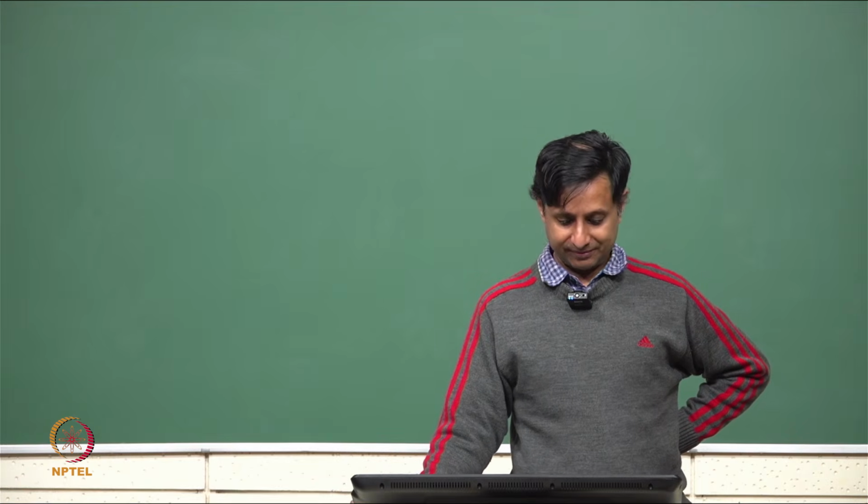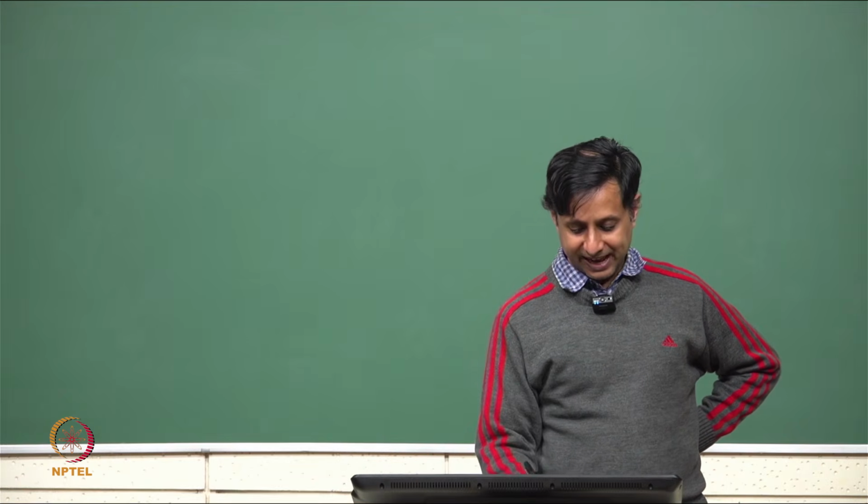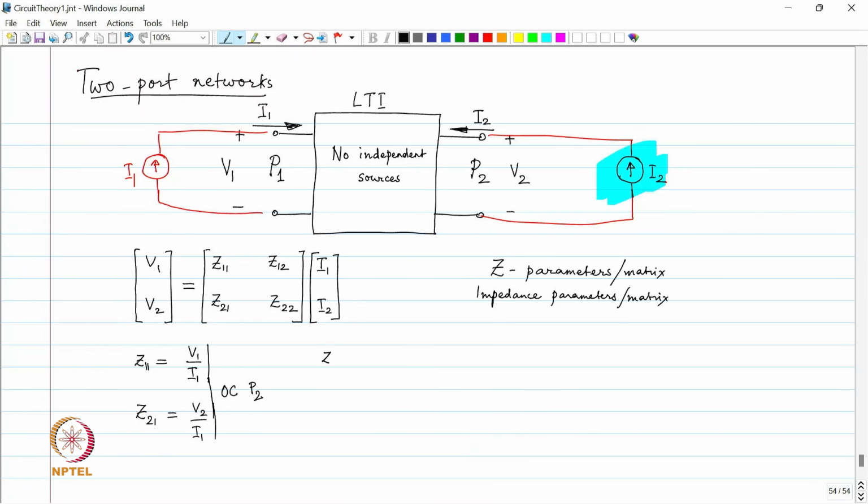Fine. All right. Likewise, what is Z 12 going to be equal to? V 1 by I 2 when I 1 is equal to 0, and what is Z 22 going to be equal to? V 2 by I 2 when I 1 is equal to 0, and once again we are going to combine this.